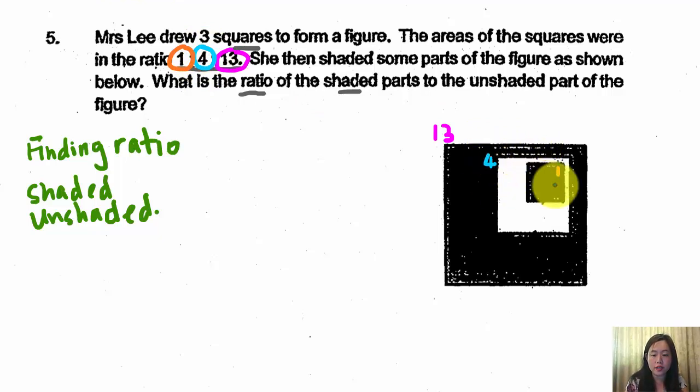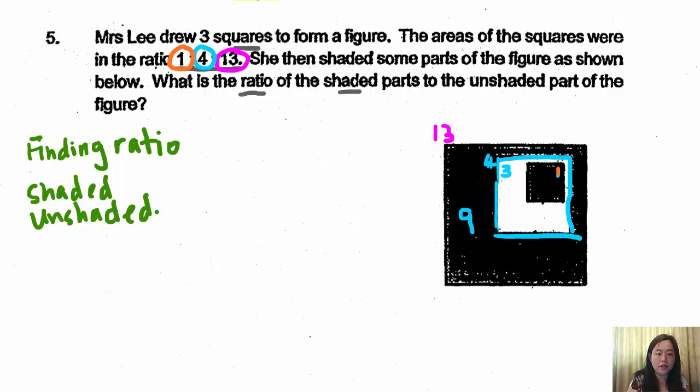So notice that if this is 1 and this is 4, the unshaded part here should be 4 minus 1, which is 3. And if this is 13 and this is a 4, right? Therefore, the shaded part here will be 13 minus 4, which is equal to 9.